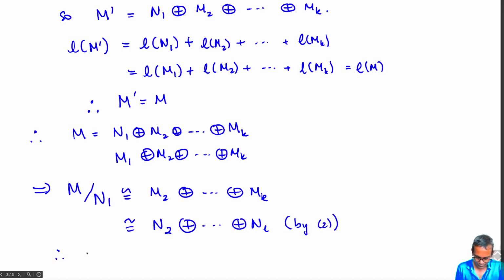And therefore M2 direct sum ... direct sum Mk is isomorphic to N2 direct sum ... direct sum Nl.